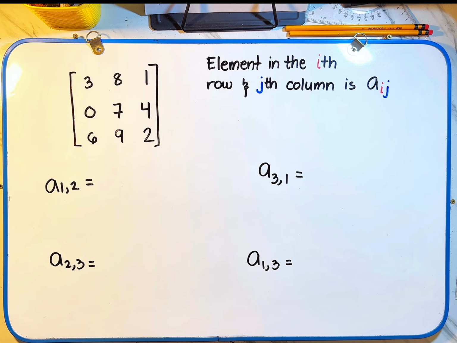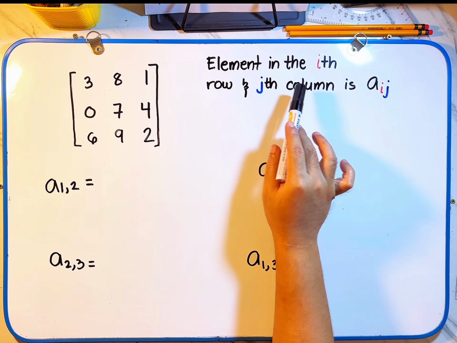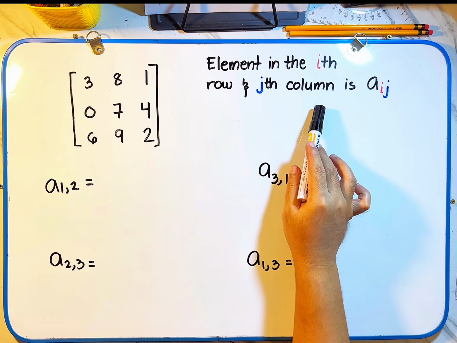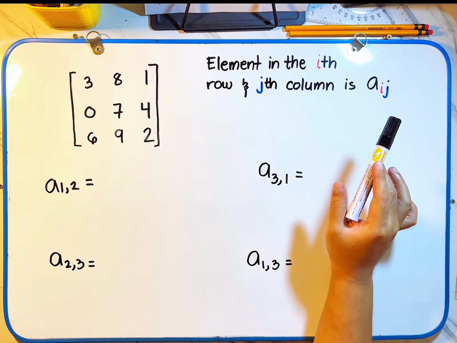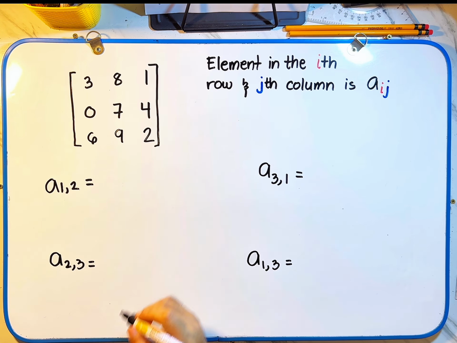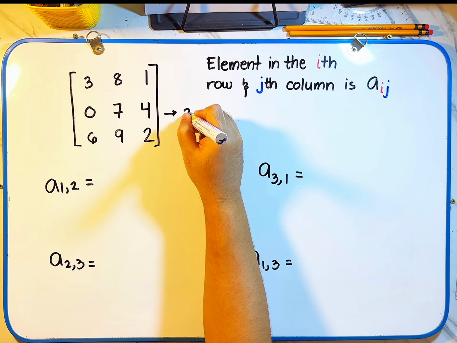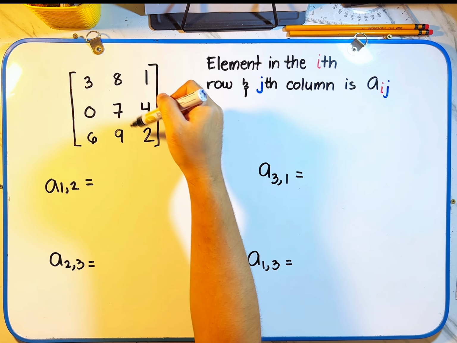Next, let us try to find the element at specific locations inside the matrix. So this is the concept. The element in the ith row and jth column is A sub i and j. Okay? So let's consider this matrix over here. And this matrix is a 3 by 3 matrix. 3 rows and 3 columns.